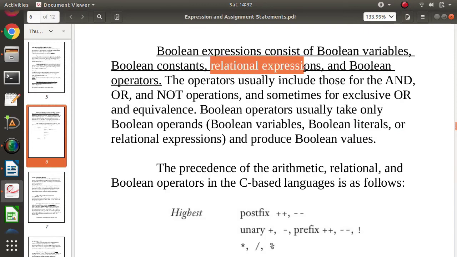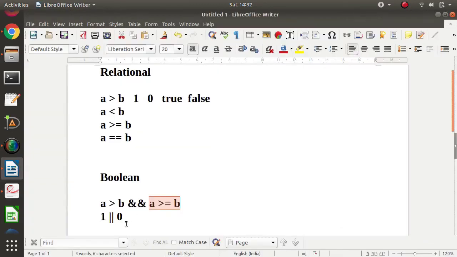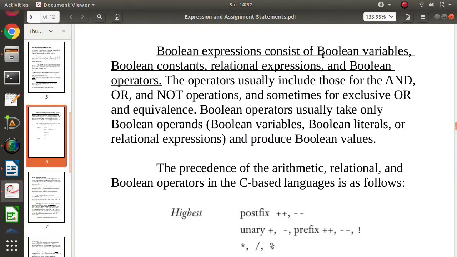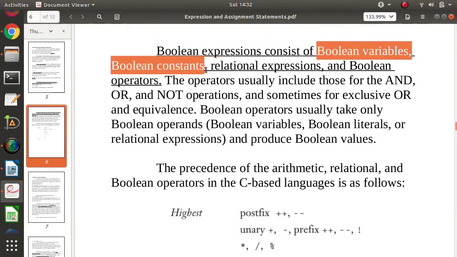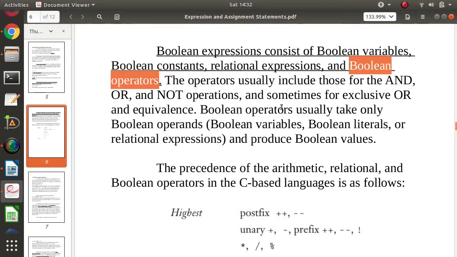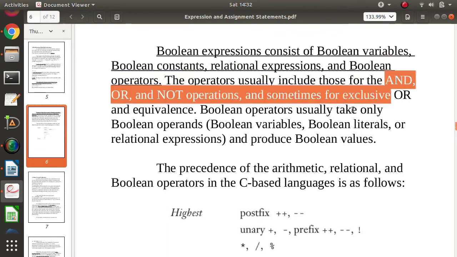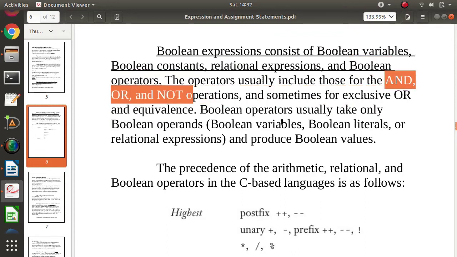We can even use relational expressions as operands in Boolean expressions. The example I have told, these are the relational expressions, and combined, this is a Boolean expression. So operands can be Boolean variables, Boolean constants, and relational expressions. Along with that, there is a Boolean operator. What are the Boolean operators we can use? And, or, not. These are the Boolean operators. Sometimes we also use exclusive or.